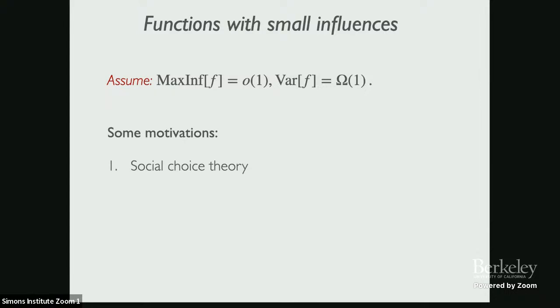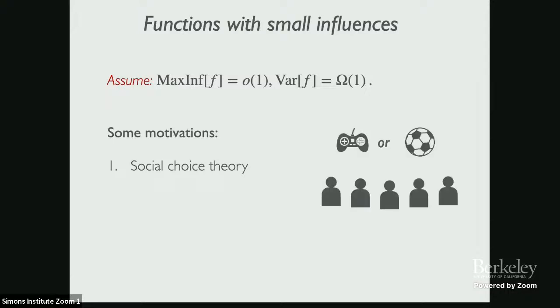If this is the first time that you see these kinds of functions, it's a little bit weird. But there are many motivations. For example, they show up naturally in social choice theory. Maybe on Friday we have the happy hour. Somebody prefers to go to Oakland and somebody prefers to stay in Berkeley.